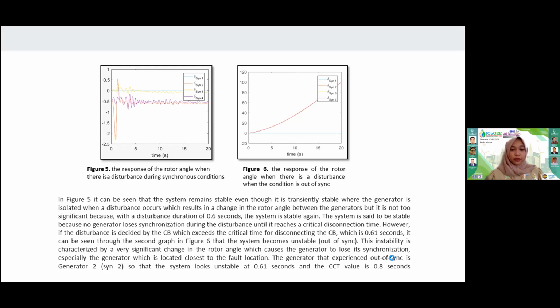Especially the generator's wave is focused close to the fault location. The generator that experiences out of sync is generator 2, so the system looks unstable at 0.61 seconds and the CCT value is 0.8 seconds.